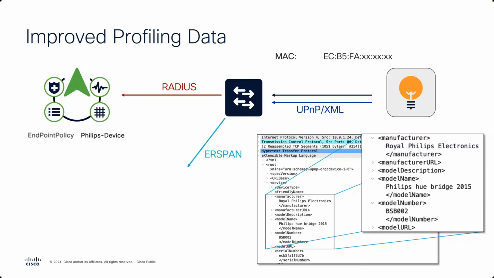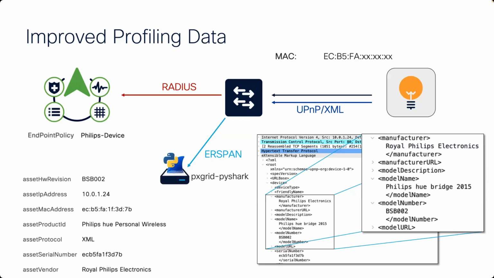So in our case, if we send it to a span, to a collector, and that collector is running pxGrid PyShark, we can now extract those fields into those IOTAsset fields that we talked about at the start. So those IOTAsset fields now can have additional context, and that collector can say, hey, ISE, I have an update for you. Here's a pxGrid API call that I say, hey, here's some additional context for that endpoint.